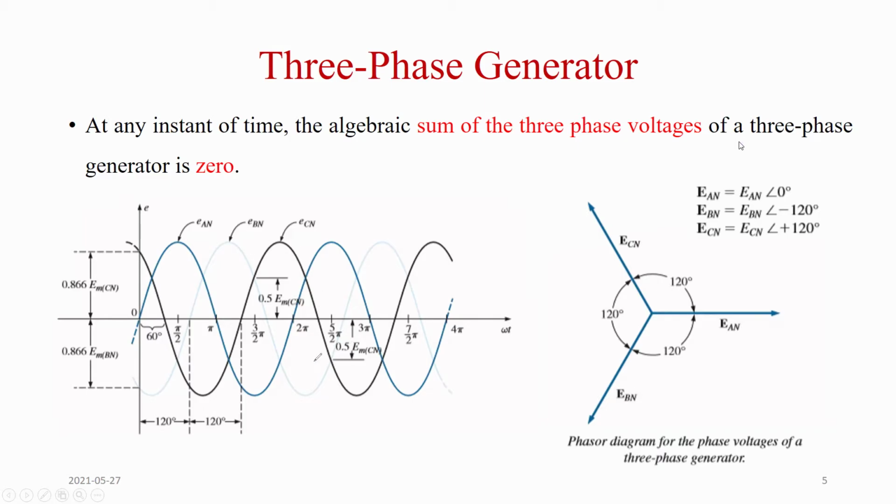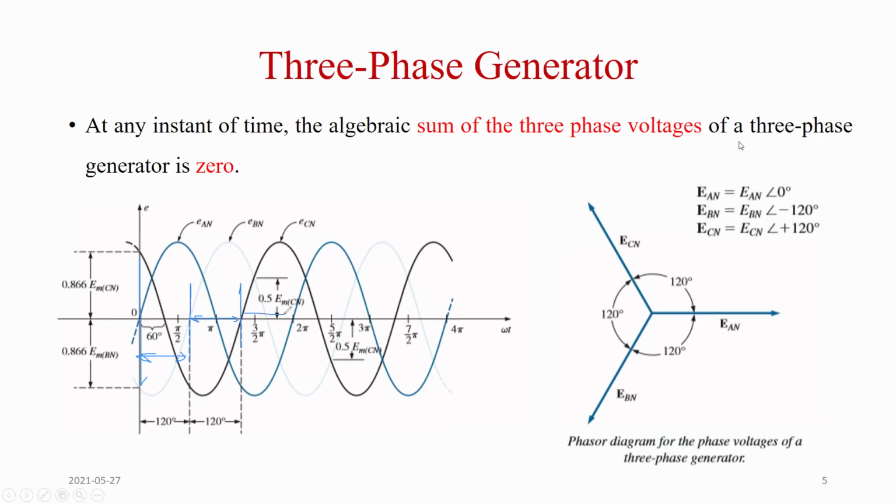What is the difference between them? They are exactly the same shape, the same magnitude, the same RMS value, but there is a phase shift between them of 120. So this one is at 0, and this one is 120 degrees later.